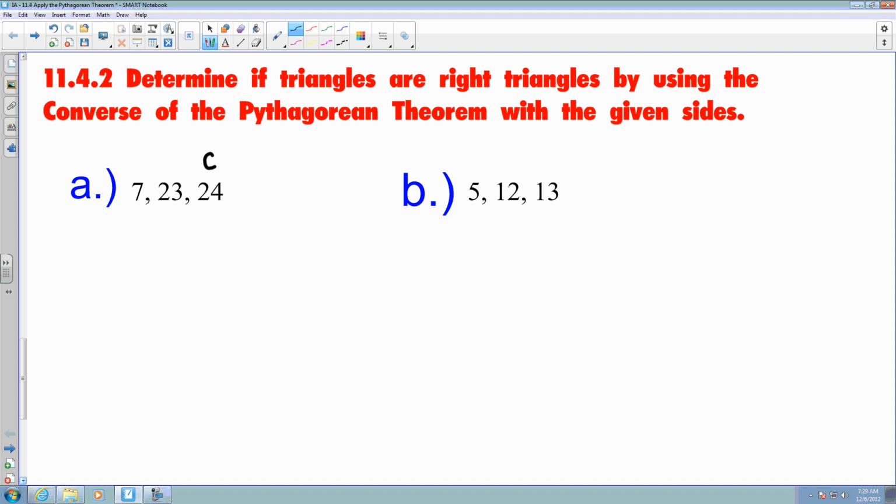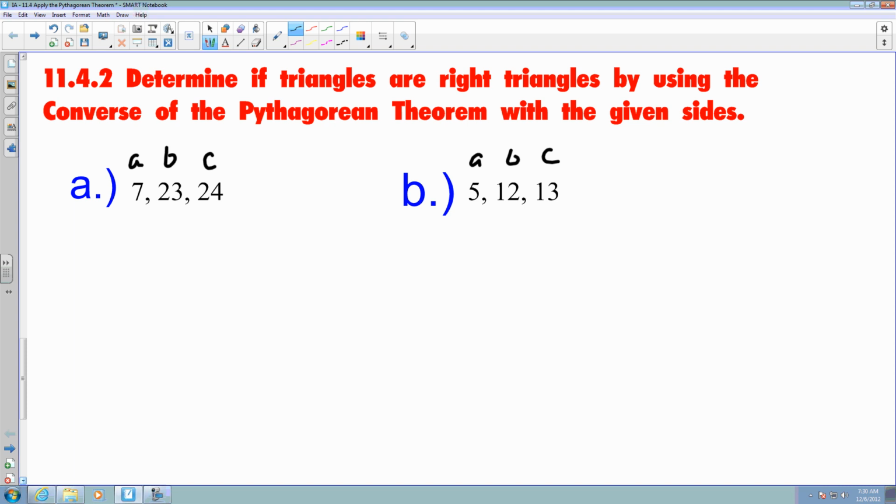For B, my C is going to be 13 because those are the largest numbers. Once you find that largest number, it really doesn't matter which one you have as your A or B because they're on one side of the equal sign and addition is commutative. But I always like to use the smallest one as my A and the middle as my B.